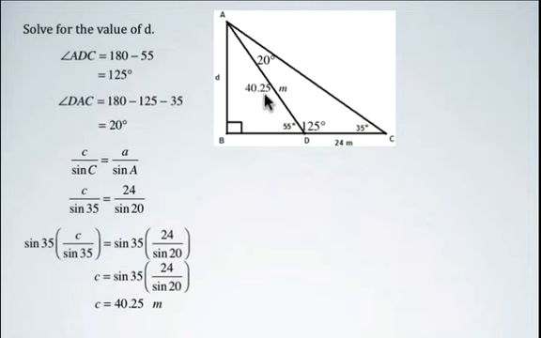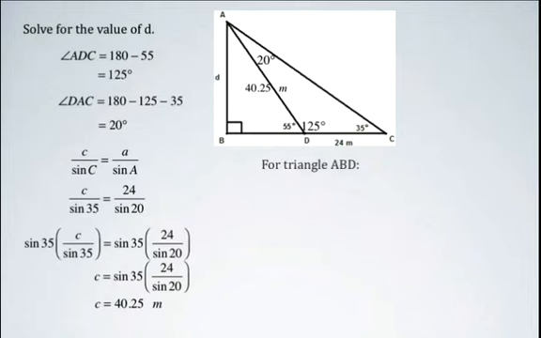And now we have a side measure and an angle measure in this right triangle ABD. So here's a right triangle. We have an angle measure and a side length measure, and we're looking for this side. And so we can use one of the primary trig ratios, and the one that we're going to use, since this is the 55-degree angle, we're looking for the opposite side, and we have the hypotenuse.